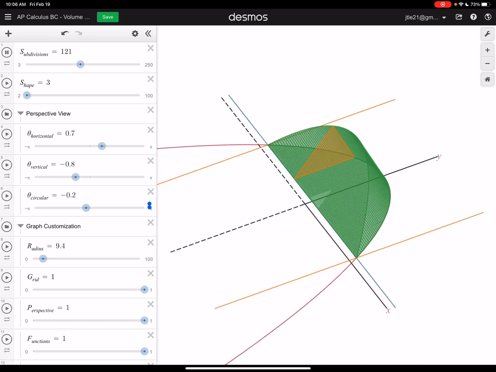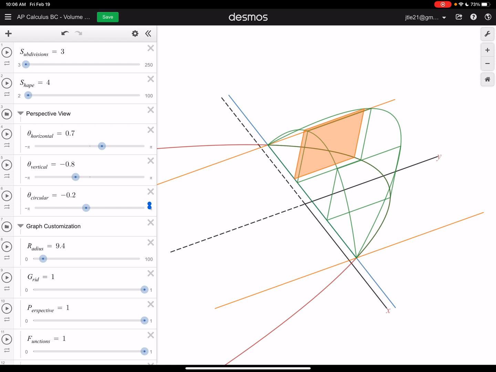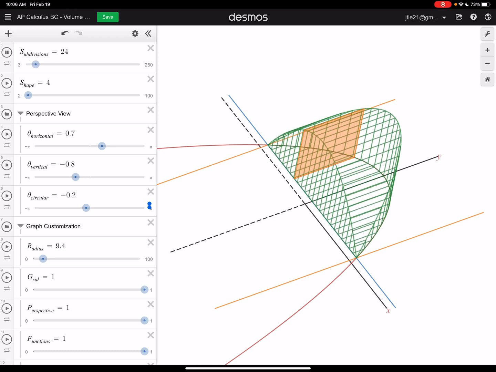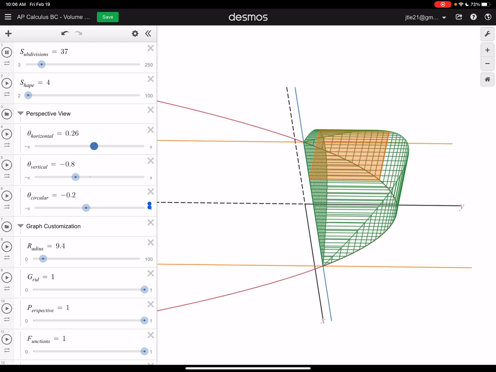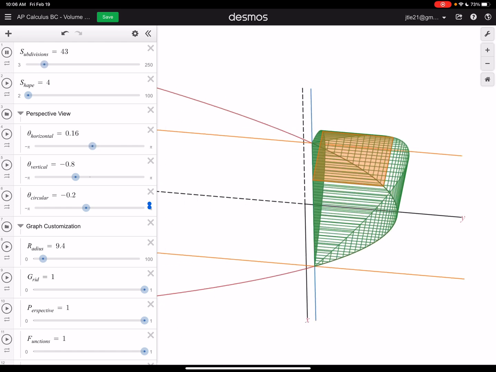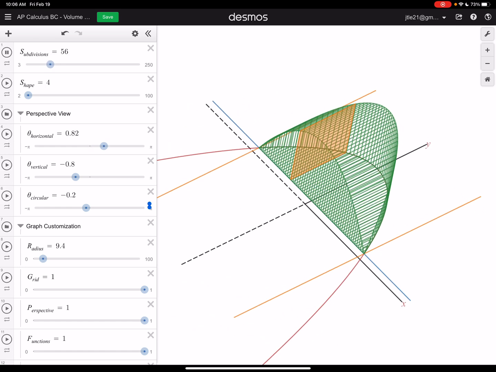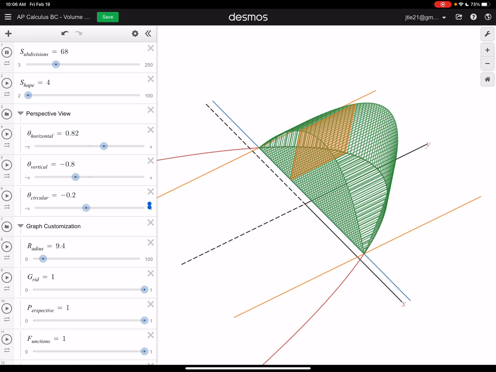Now, what if I were to make my cross-section a square, okay? So notice how it's slightly different each time. To be honest, I wouldn't know what you guys would call this, but as you can tell, you could create whatever shape you want, but depending on the cross section, it's a little bit different each time, okay?